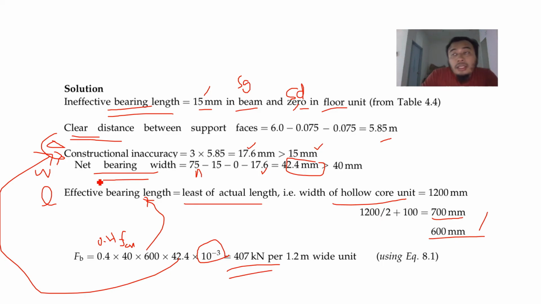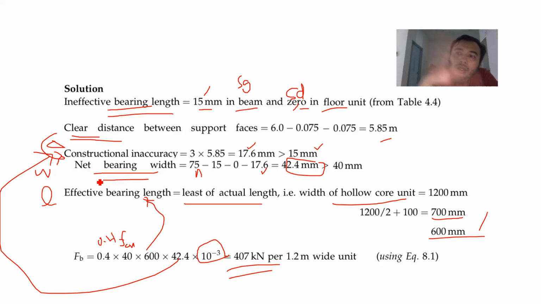It is beneficial if you are designing a component with the ultimate bearing. You are giving the specification to the designer. Let's say you are designing a hollow core slab or a precast beam. You say that this beam can carry a bearing force of 407 kilonewton. So this flow of calculation is beneficial for that.